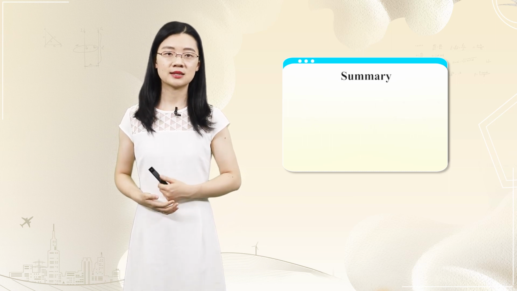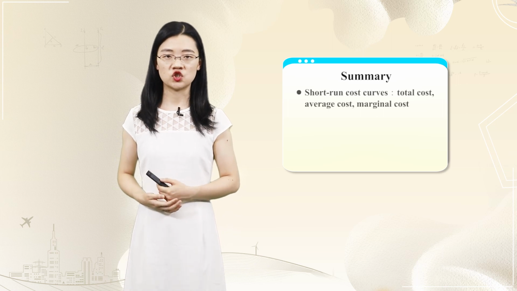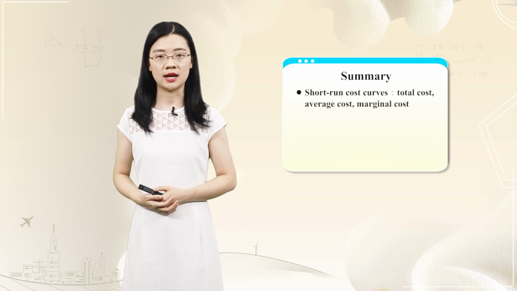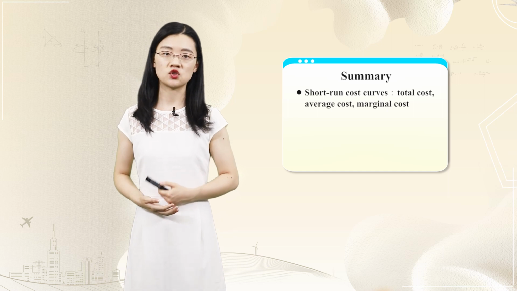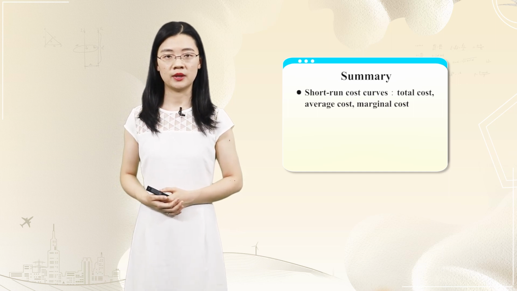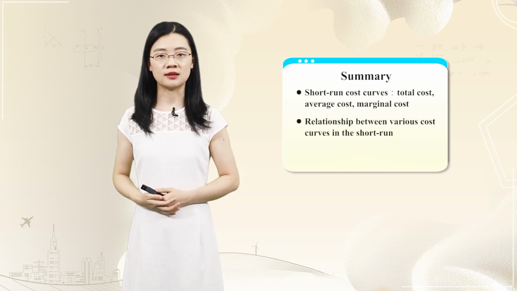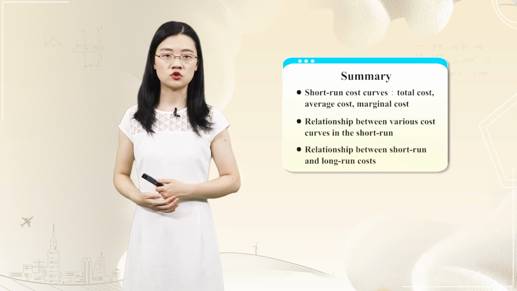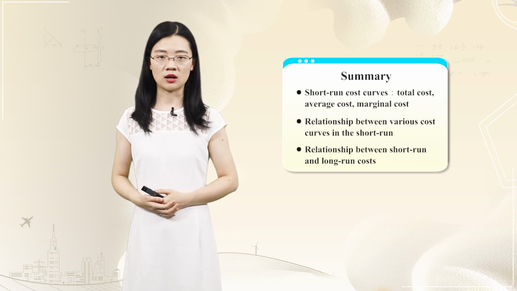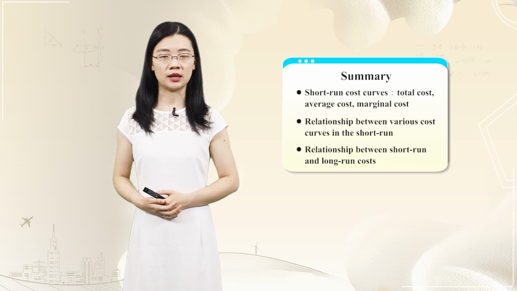Alright, in this lecture, we examined the changing of the total cost, average cost, and marginal cost of the producer, and the relationship between these cost curves, and analyzed the relationship between short-run cost and long-run cost. That is all for the producer theory.